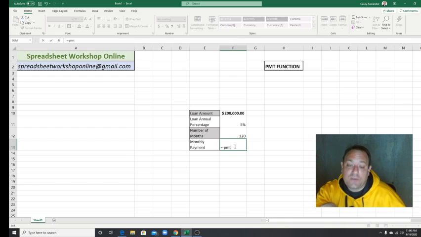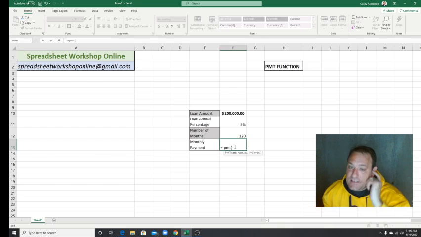So it's negative PMT. We do the open parentheses, and you'll see there are 5 different types of inputs you can put. The way Excel does it is if there are brackets around an input, that means it's not required. If there are no brackets around it, it means you have to put it in.